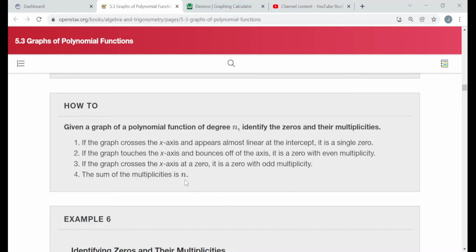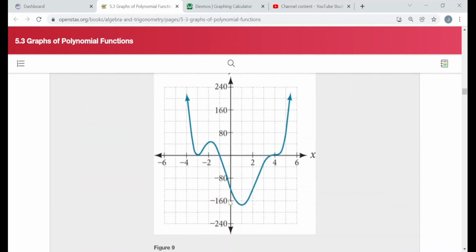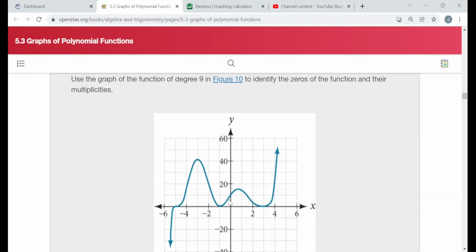And we'll see this with plenty of polynomial functions in this video and in future videos as well, that if you take a look at every complex zero, not just the real zeros, and add up their multiplicities, the sum of the multiplicities will be the degree of the function. Anyway, back down here. So they're telling us it's a polynomial function of degree 9. Identify the zeros of the function and their multiplicities.